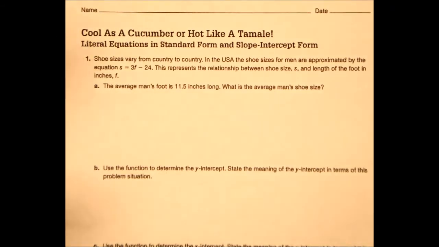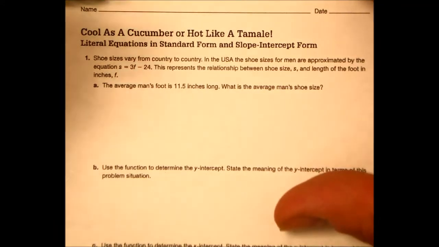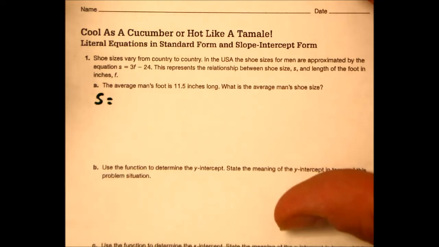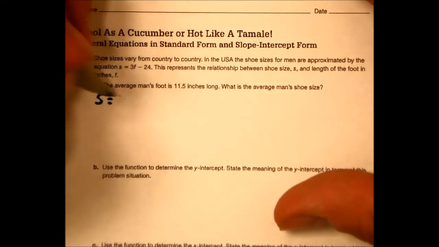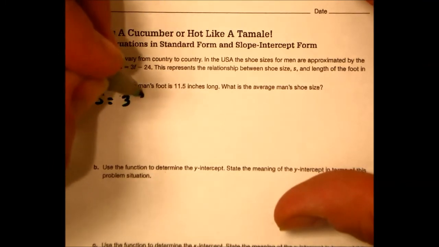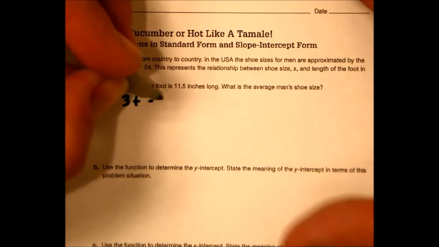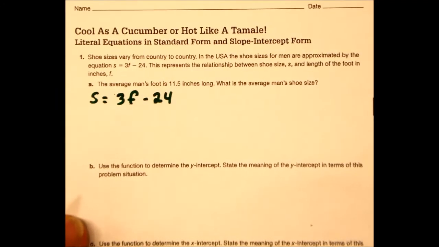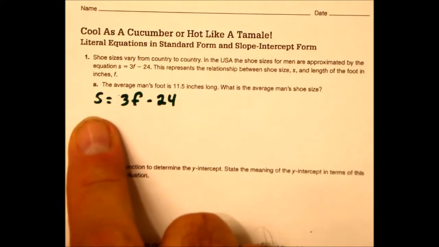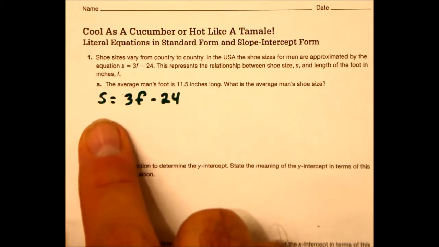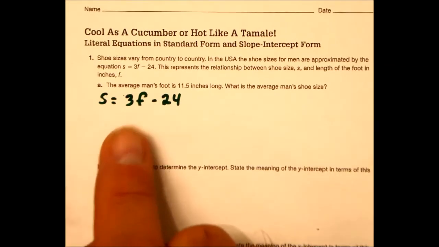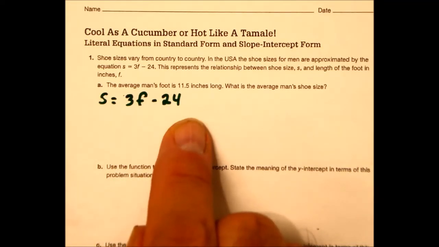Okay, so here we go. We talk about a problem that's written in what form? This one is written in slope-intercept form, correct. So here we have, this would be our pretend y = mx + b, and in this case it's S = 3F - 24.